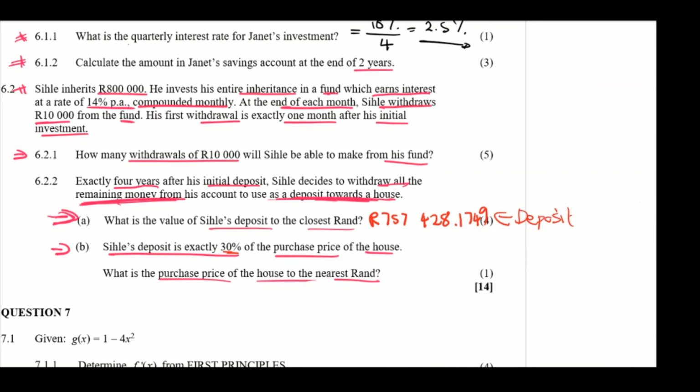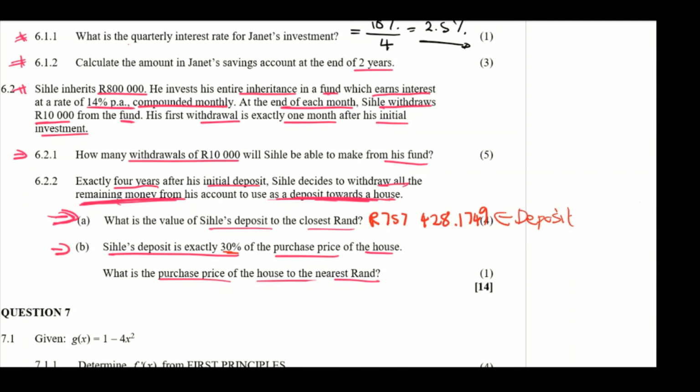So we want to say the 30% multiplied by X, which is the amount of the house. We don't know the price of the house, but we know that 30% of the amount of the house will give you this deposit value.